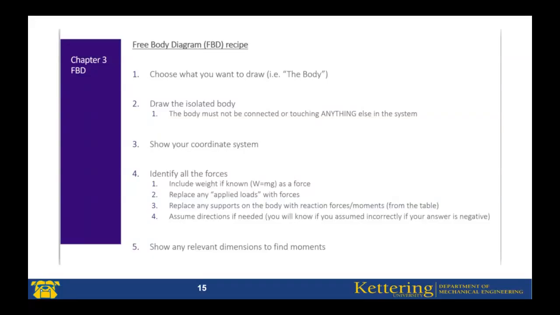Show the coordinate system and identify all external forces: weight, normal force, frictional force, tension force, applied force, contact force, maybe magnetic force. And finally, show any relevant dimensions and find the moments. Might be applied moments. We will use these moments later in the study of rigid bodies.